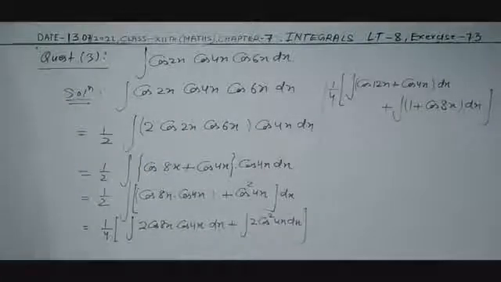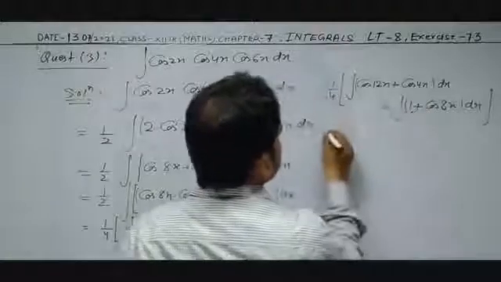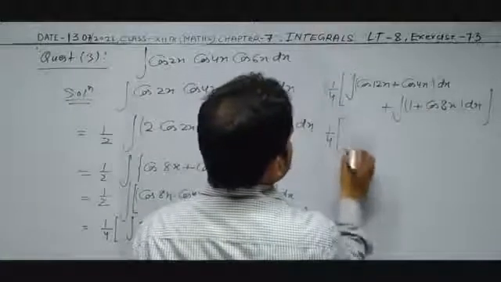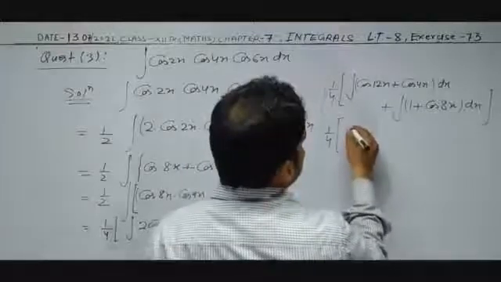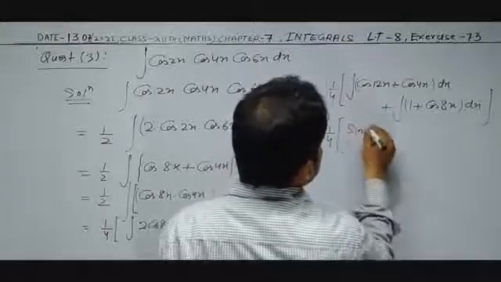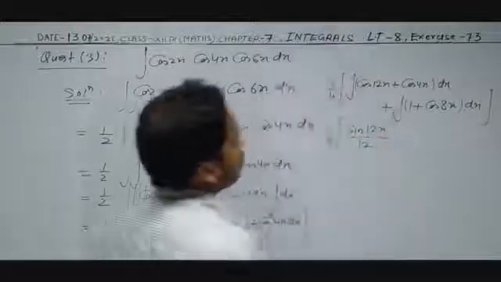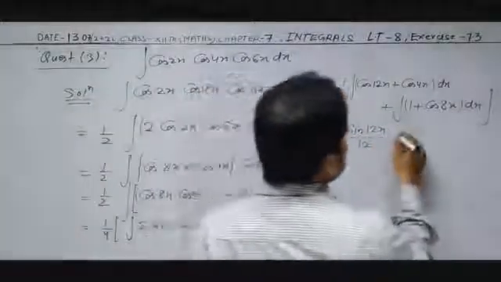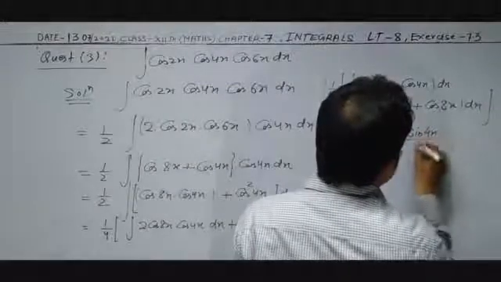Now we have to integrate these terms. The result will be 1 by 4, and the integration of cos 12x is sin 12x by 12. Now the integration of cos 4x is sin 4x by 4.